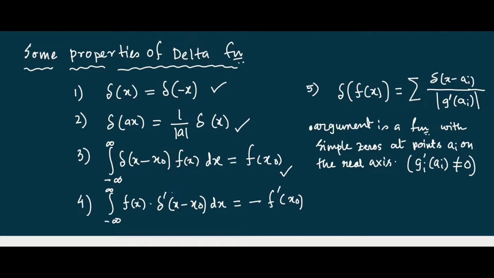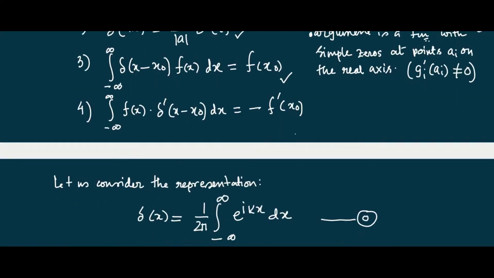The derivative of the delta function, multiplied with a well-behaved function f(x), gives minus f prime, the first derivative with respect to x naught. And if the argument of the delta function is a function with simple zeros at points a_i on the real axis, then another property holds.